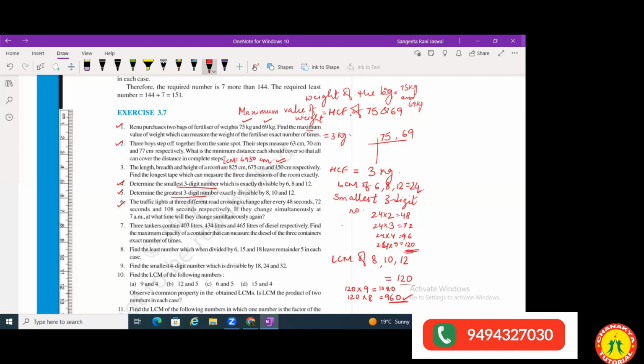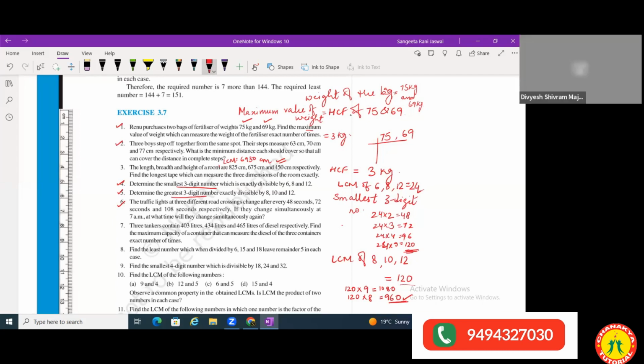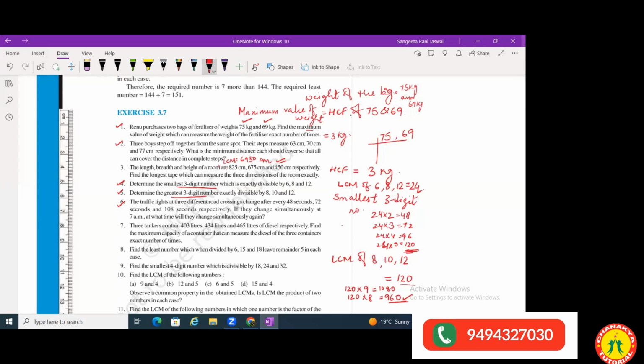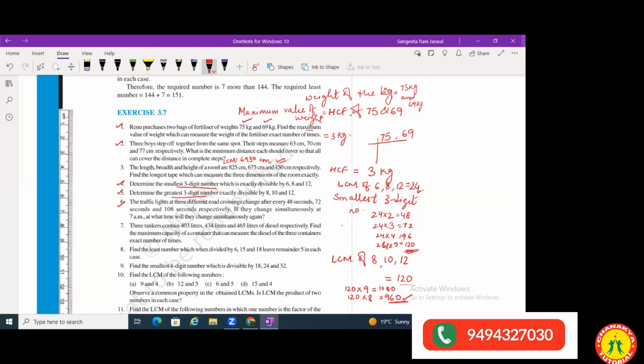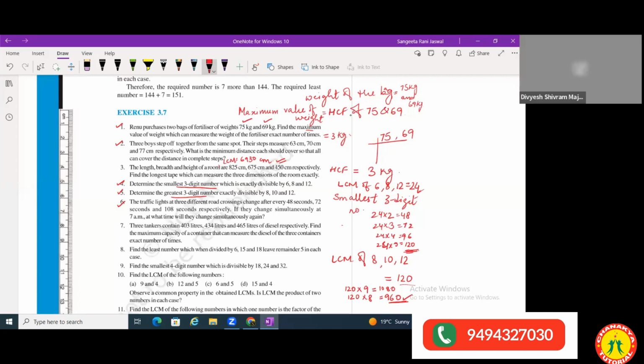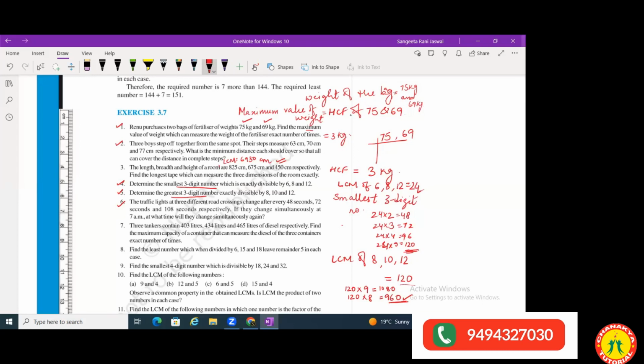If they change simultaneously at 7 a.m., at what time will they change simultaneously again? Okay. So it's saying if they change simultaneously at 7 a.m., at what time will they change simultaneously again together?